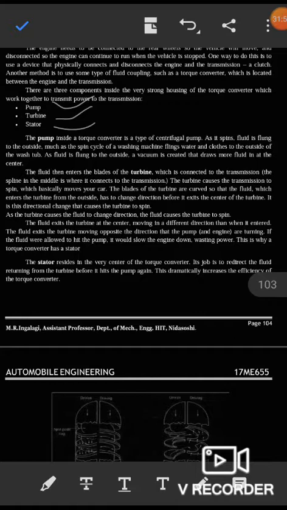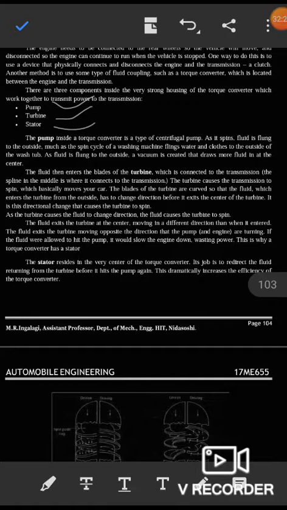As the turbine causes the fluid to change direction, the fluid causes the turbine to spin. The fluid exits the turbine moving opposite the direction that the pump is turning. If the fluid were allowed to hit the pump, it would slow the engine down, wasting power.